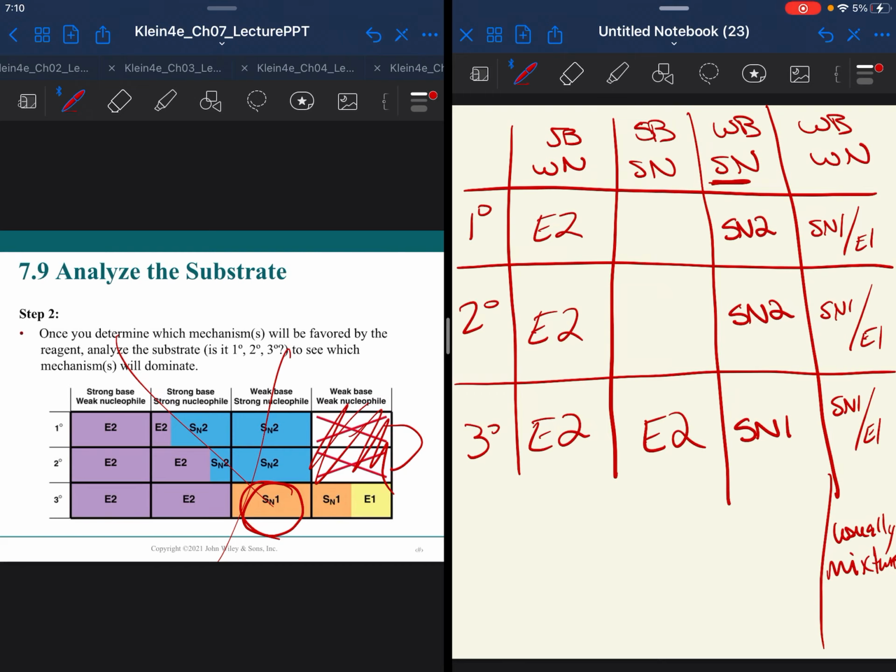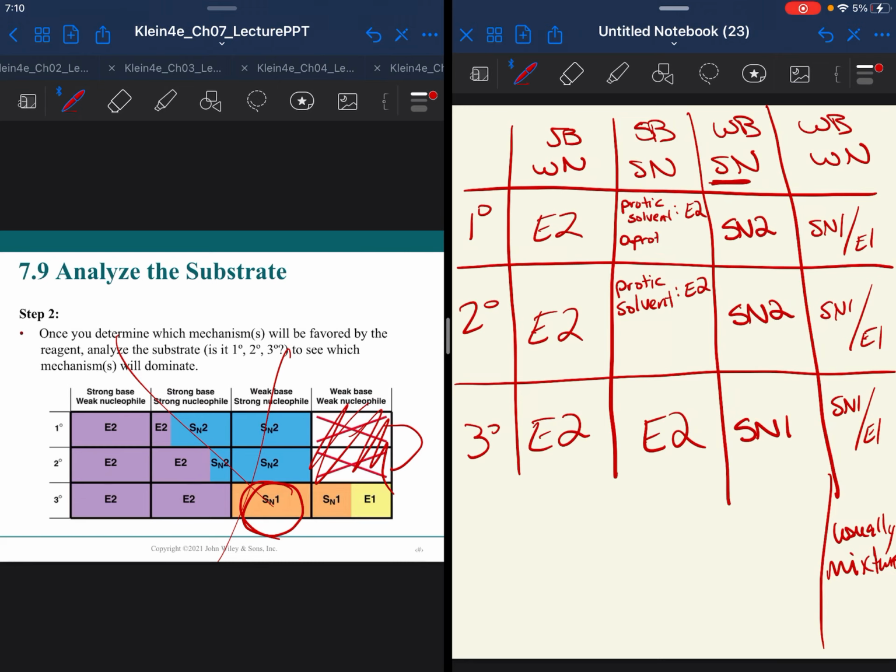Where it gets tricky, though, is primary and secondary. And sterics can lead you more to substitution or elimination, but this is where I'm going to ask you to look at solvent. If you have a protic solvent in either of these cases, the protic solvent is going to emphasize or make the elimination more favorable.